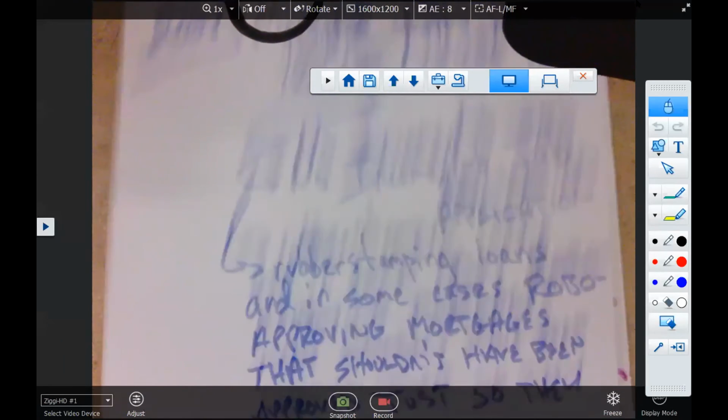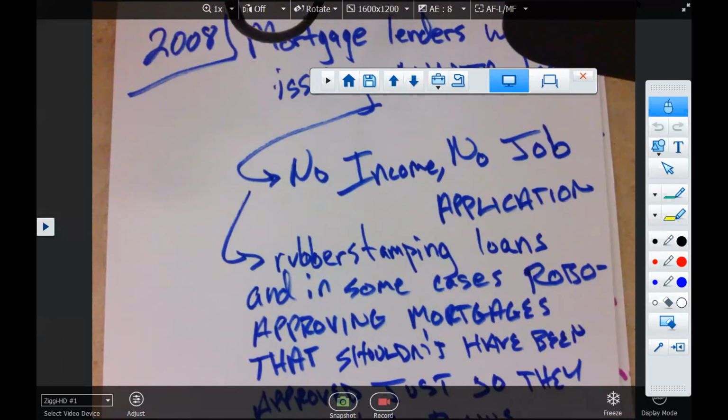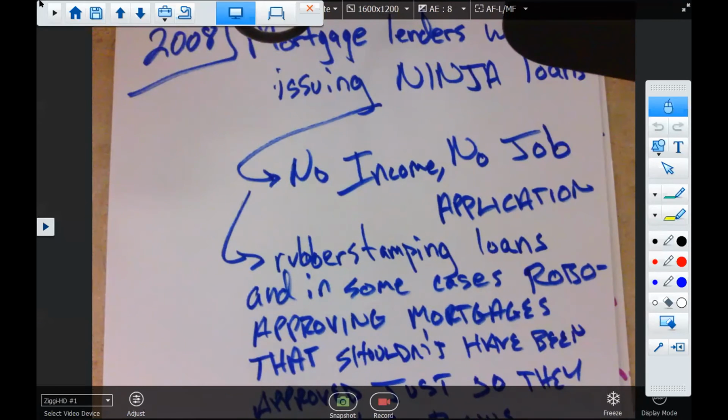And so that was a large principal agent problem that we saw in 2008.